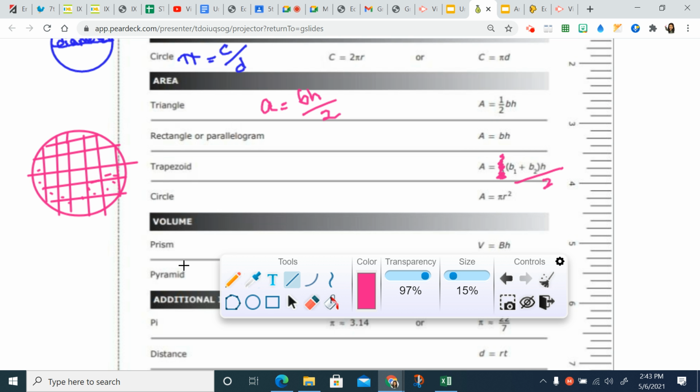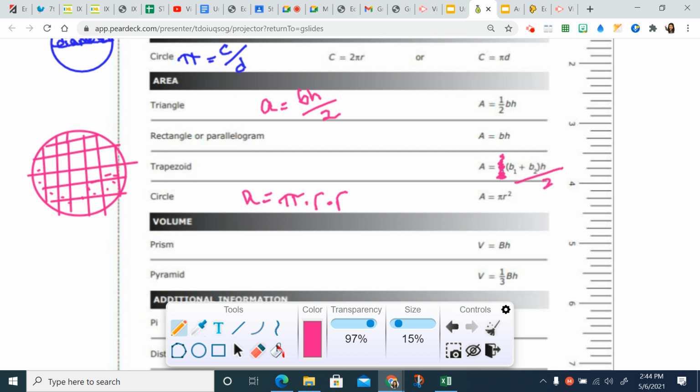We came up with the formula pi times radius squared, not times 2. What's a better way to say that? Pi times radius times radius. So instead of pi r squared, because I don't want y'all thinking it's times 2, we're going to write pi times radius times radius. So you're going to rewrite it like this.